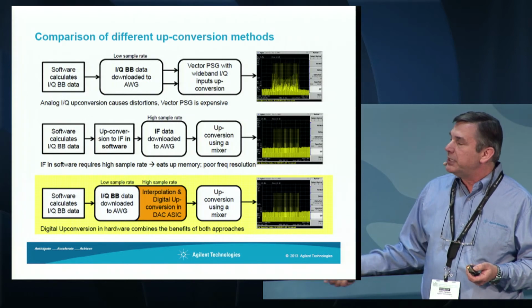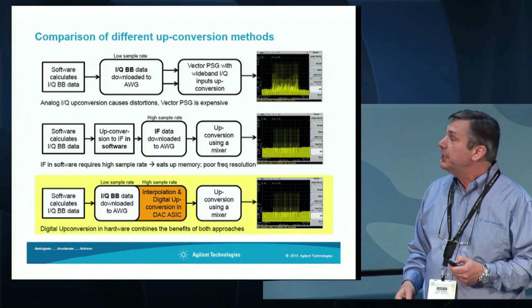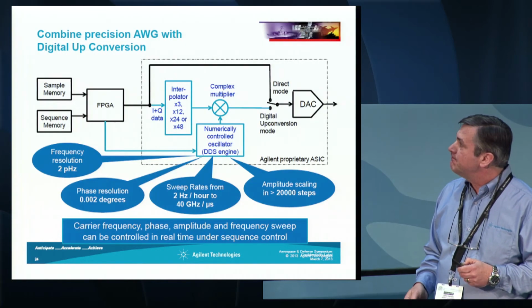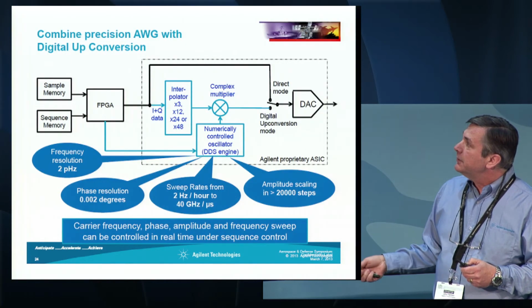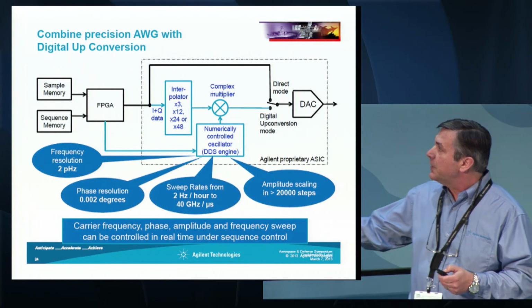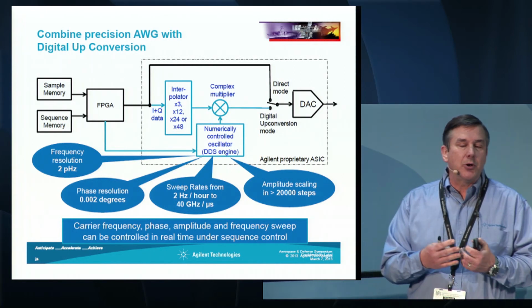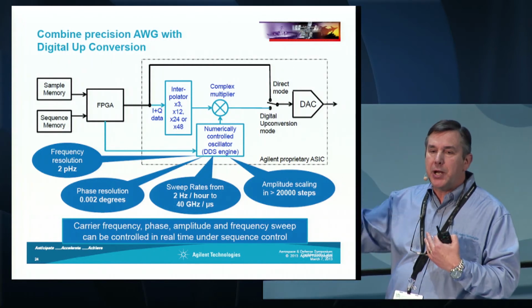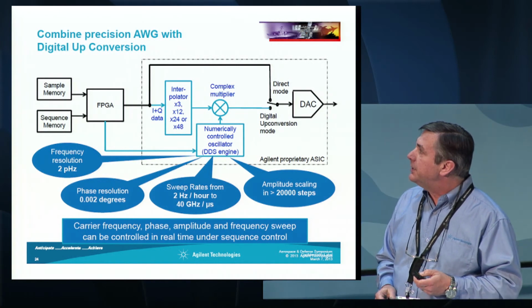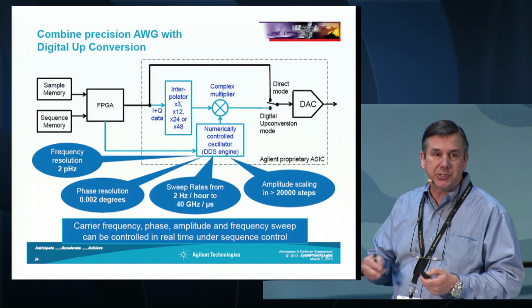We have the ability to do that IQ modulation directly within the FPGA, right here. And we can lower the sample rate of the I and Q data and upconvert, basically interpolate the sample rate up, in order to get the full IQ modulation bandwidth.